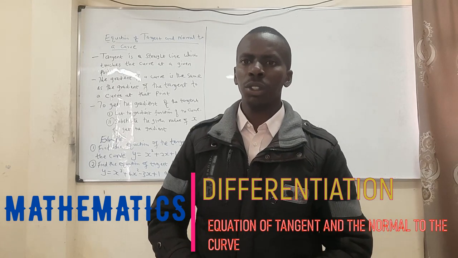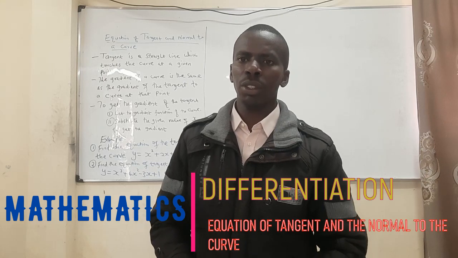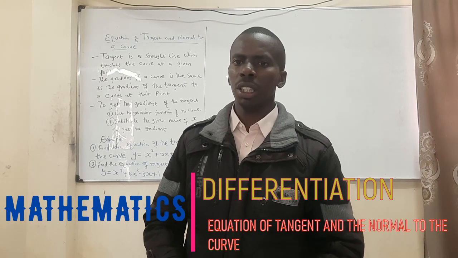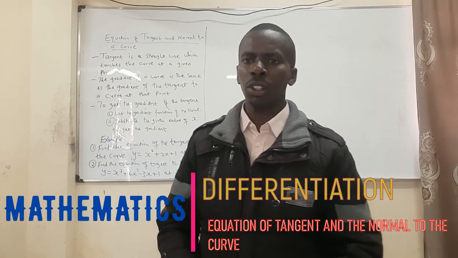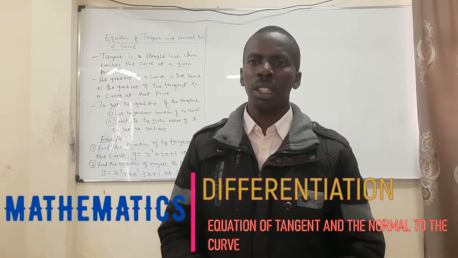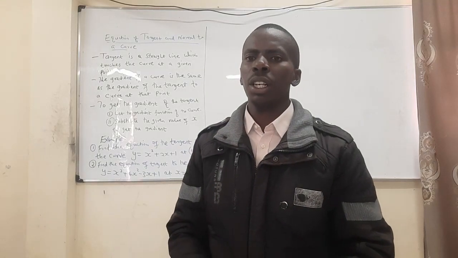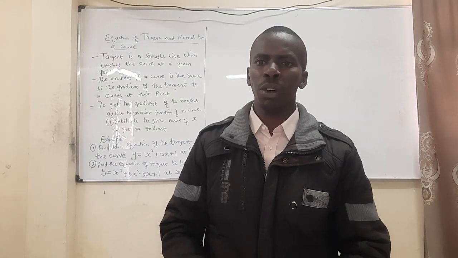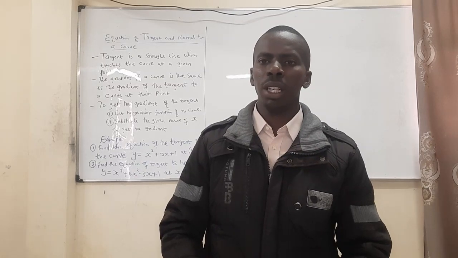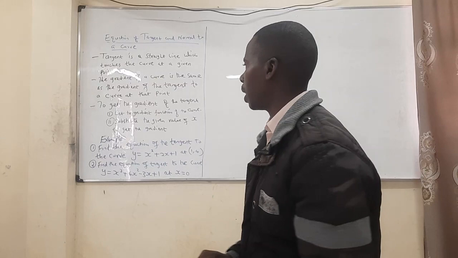Number one thing that you need to do is to get the gradient function. You differentiate that particular function to get the gradient function. Then after you differentiate, when you get the derivative, then you substitute the values of x to get the gradient. So let's look at an example.